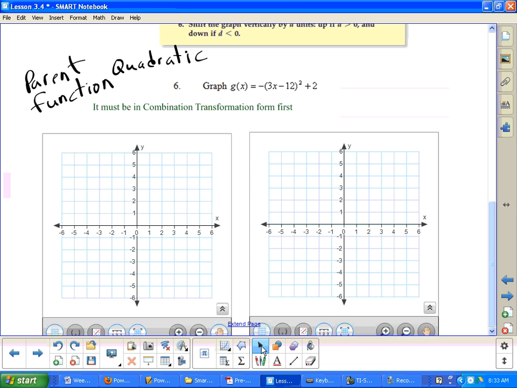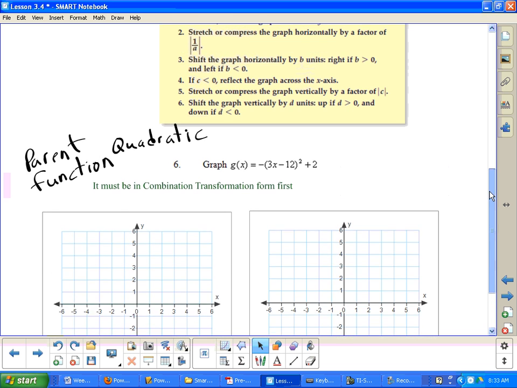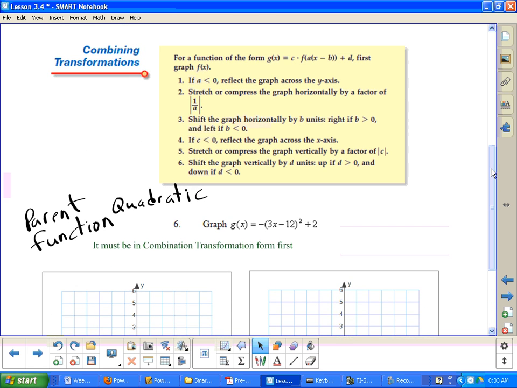the first thing we have to do is write this in this form. If you don't put it in that form, then you can't see all the transformations that are actually happening. We want to tell what's happening in the process.